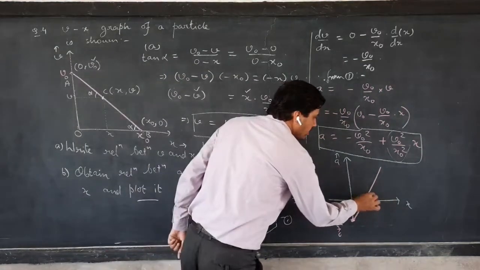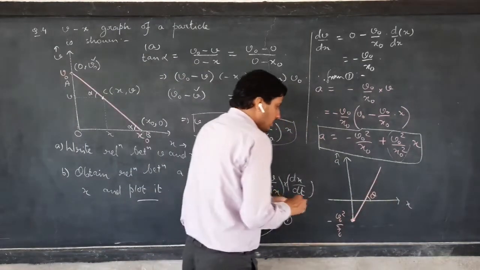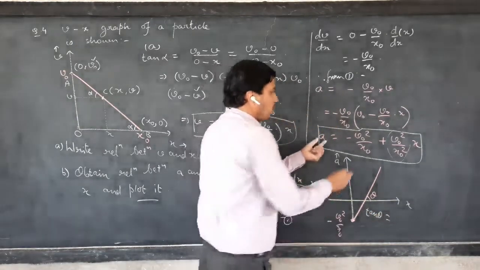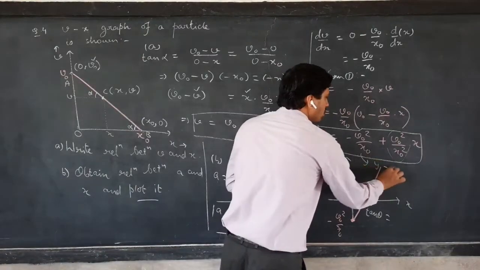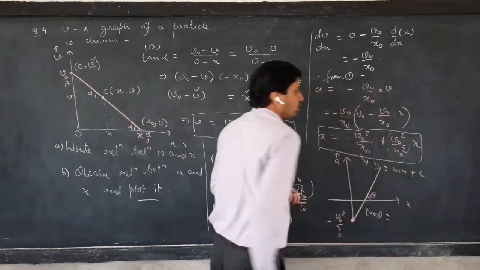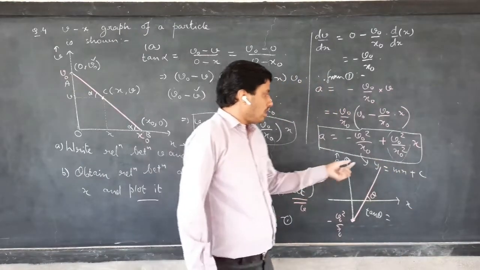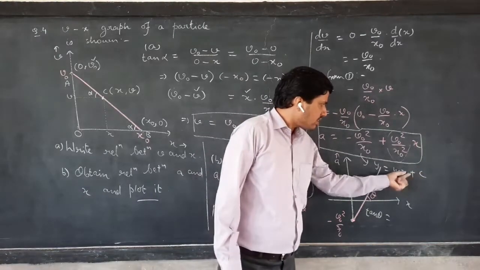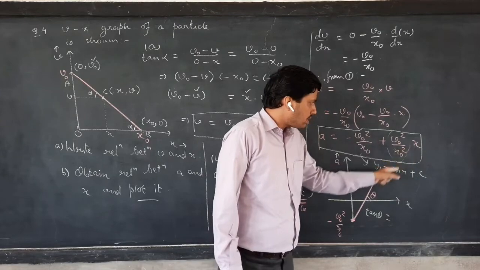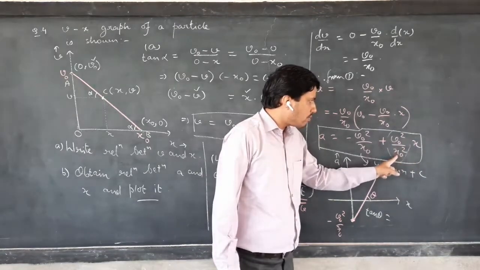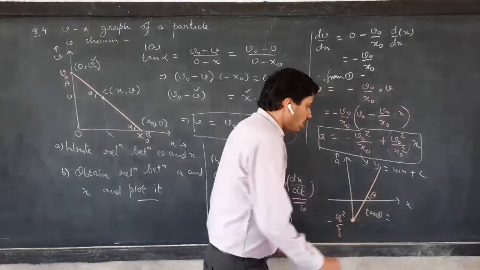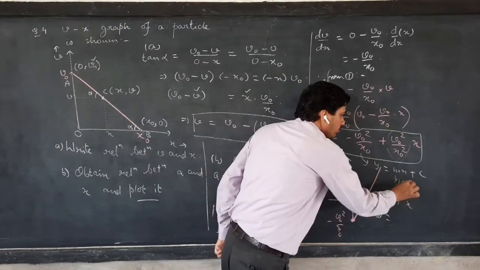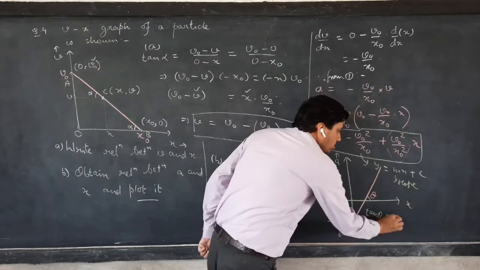If it makes some angle, say theta, then the slope of this line is tan theta. This is of the form y is equal to mx plus c. If you know this equation, A is like y, x is like x. So if you compare these two equations, m will be v naught square by x naught square. So m is positive. M is slope, and slope is tan theta.